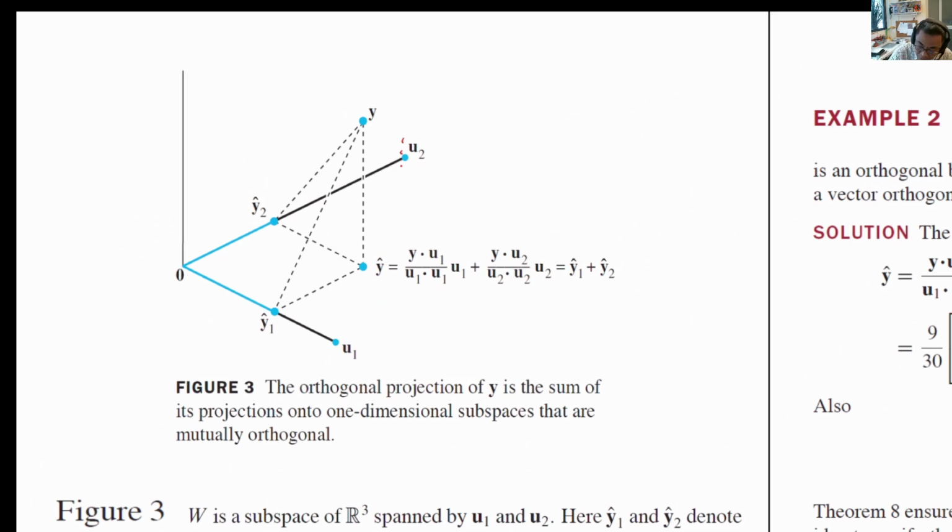What about a visual interpretation of y hat 1 and y hat 2? If we look at y hat and project it onto the line u1, this is y hat 1. If we project y hat along the direction of u2, this is y hat 2.